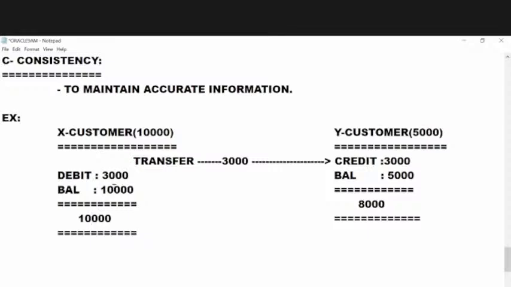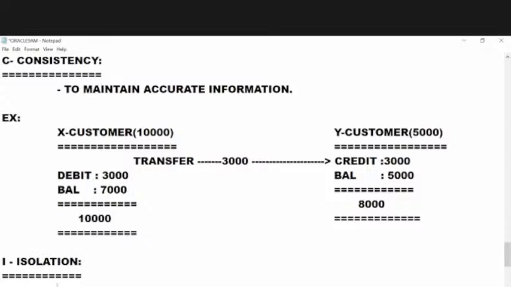So this is your transaction, and this kind of maintenance is called consistency. It is maintained through customer accounts. Okay, right. Now the next one, I. I stands for isolation.